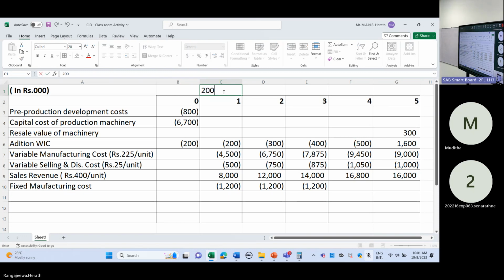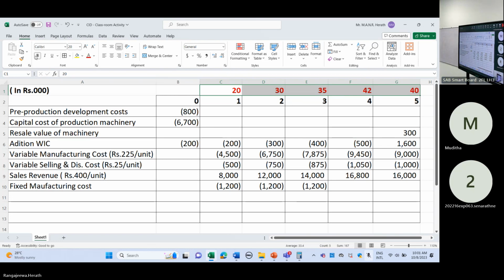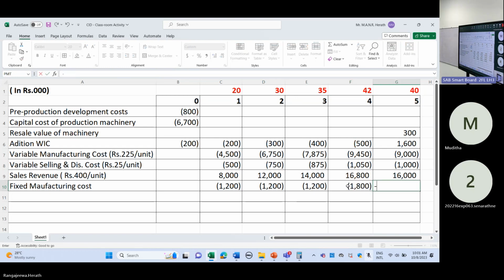Just for your understanding, no need to show that here. The fourth and fifth years are above 38, so it increases by another 600 and becomes 1,800.